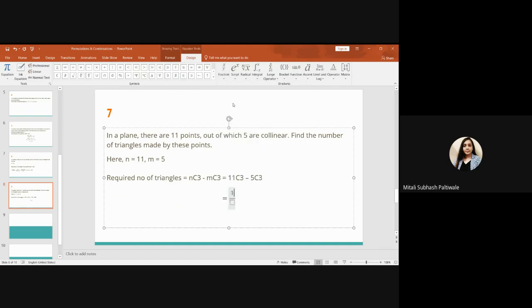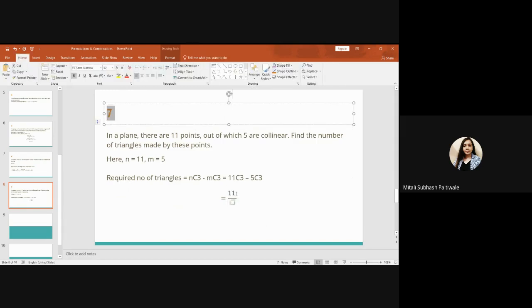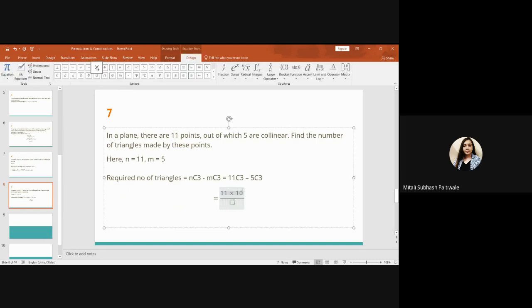So here it is, 11 into 10 into 9 divided by 3 into 2 into 1, minus 5, 4, 3 by 3, 2, 1.